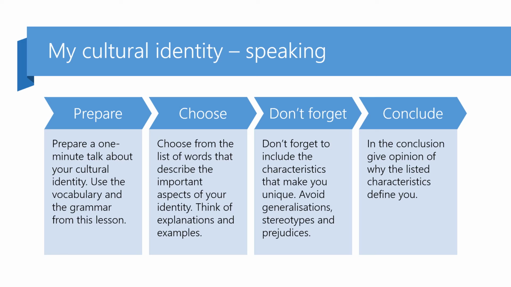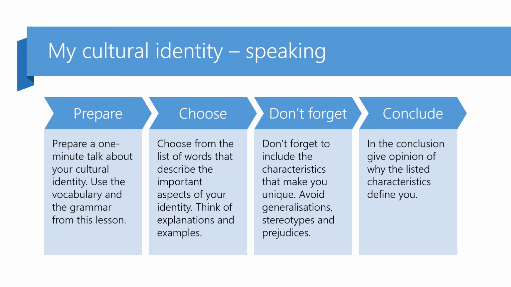It's time to use all the information and all our thoughts and ideas in the speaking task. Prepare your talk. It will be a 1-minute talk, and it will be about your cultural identity.